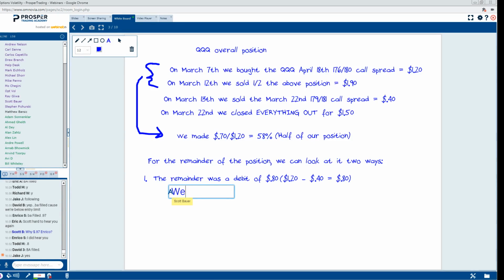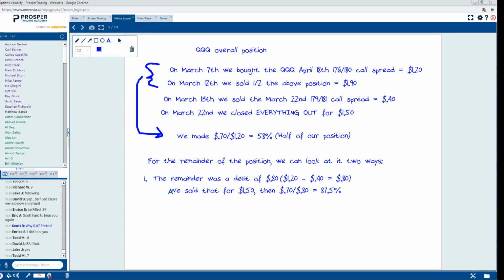So if we sold that for $1.50, then we made 70 cents on the balance of that spread. We made 70 cents on an 80-cent investment.